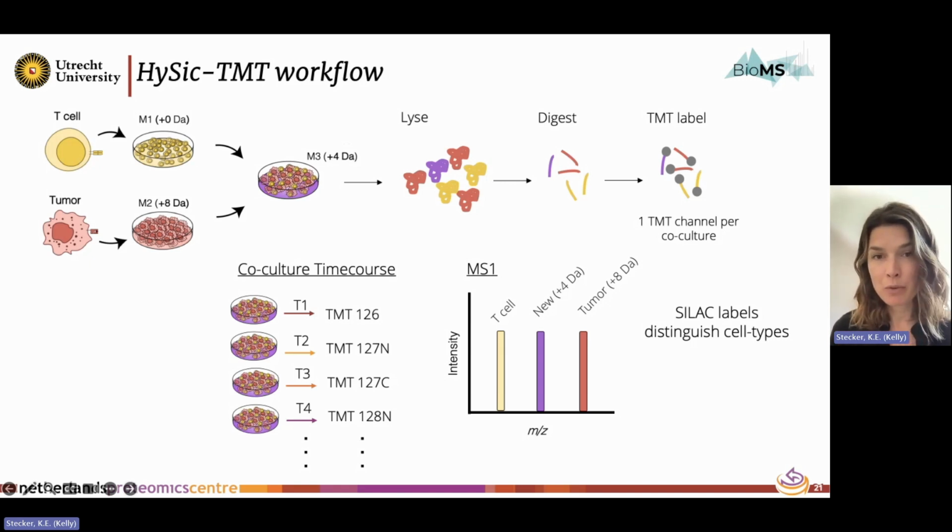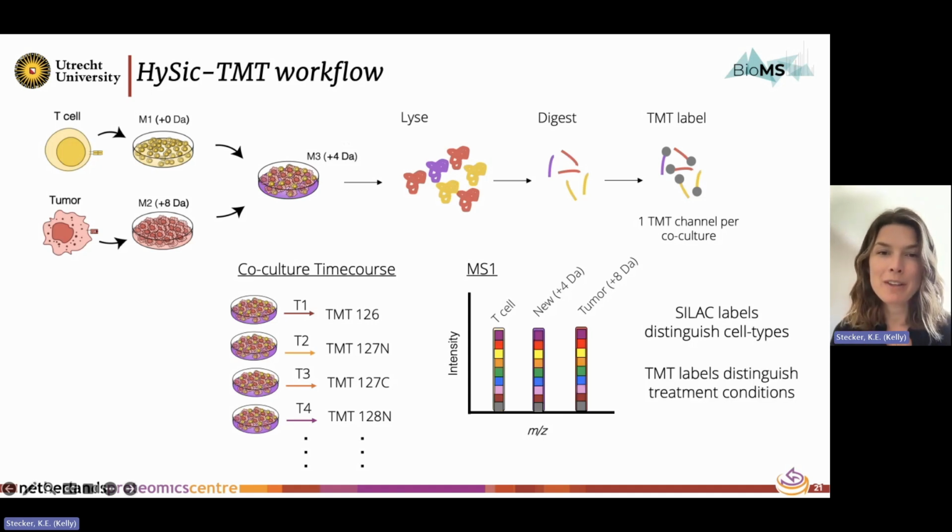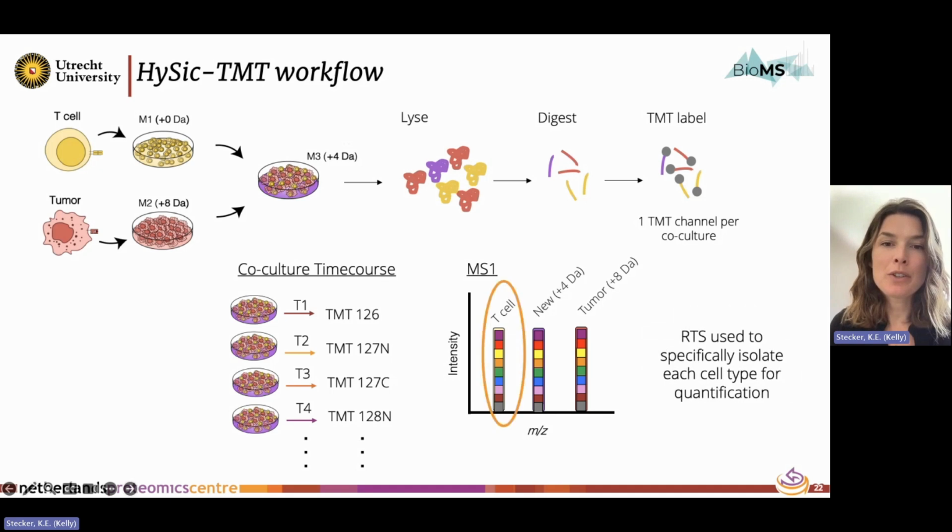So just as before, the SILAC labels distinguish the cell types, but now what we have embedded in these signatures is the TMT labels that encompass all of our treatment conditions. And what we can do is take advantage of real-time searching to specifically select isolated precursors for MS3 quantitation. And I will show you how we do that.